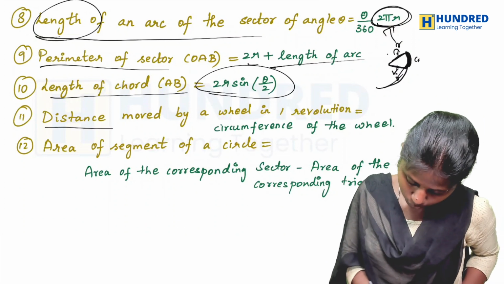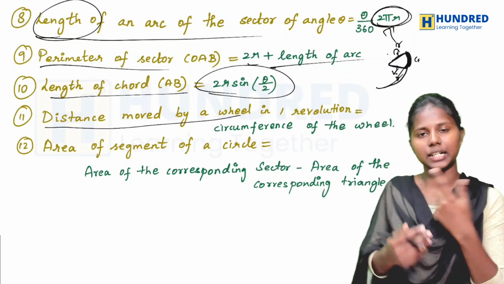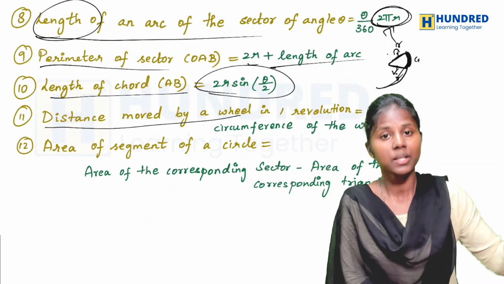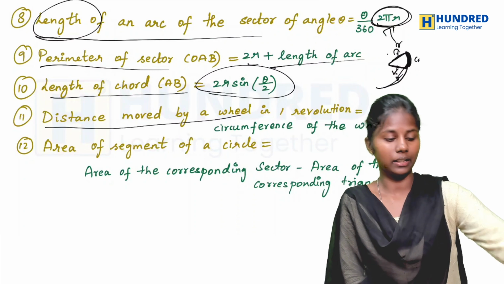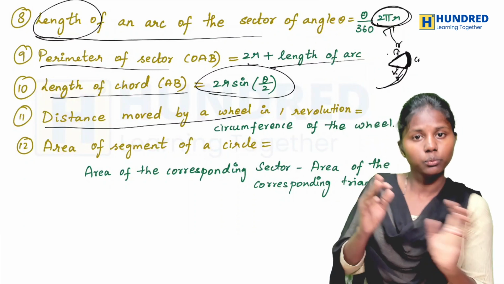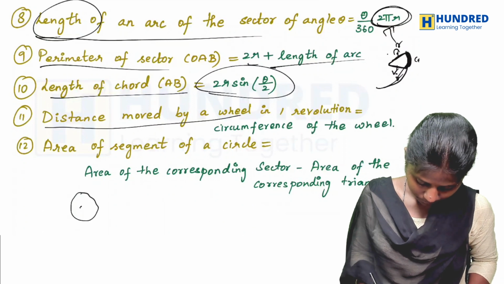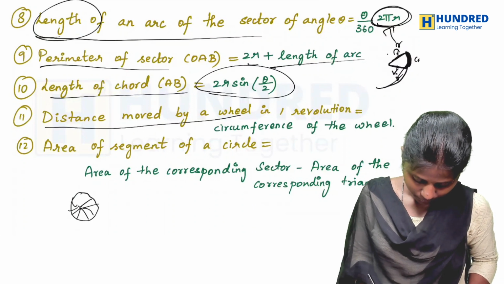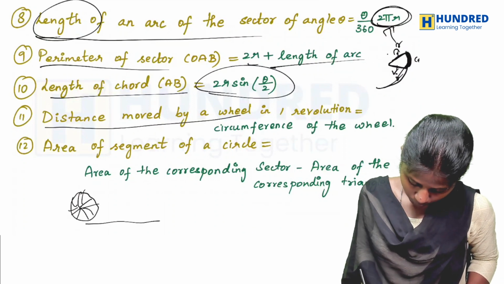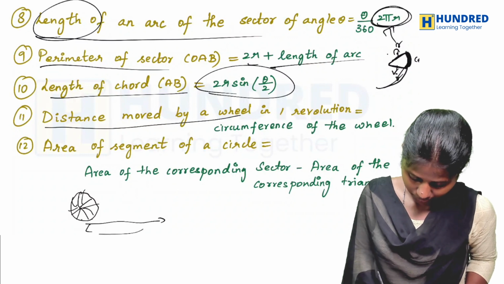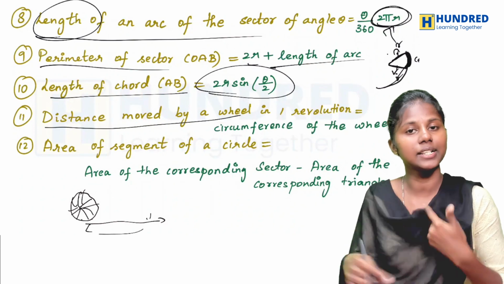The distance moved by a wheel. Let me consider a real life example of a car which has a wheel. The distance moved by a wheel in one rotation. I have a mark. It's like a wheel. I want to note the distance covered by this wheel if it makes a rotation of 360 degrees.